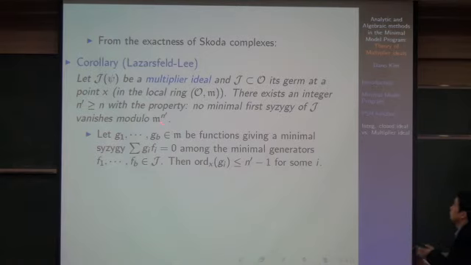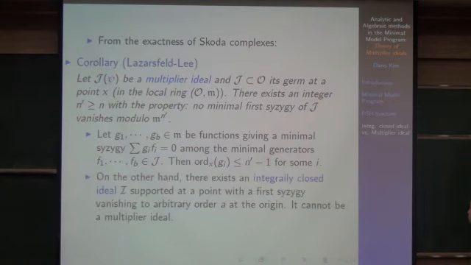So when you want to extend the previous question of Lazarsfeld to the general PSH function case, all you need to do is prove the exactness of the Skoda complex for the general singular weight. This explains how this corollary leads to the answer to Lazarsfeld's question.